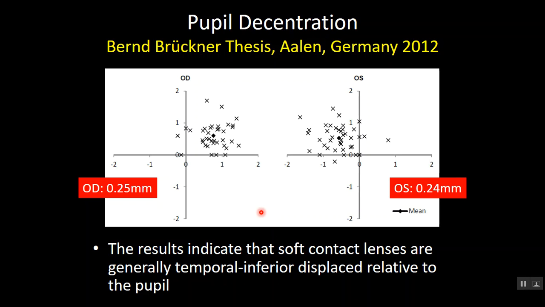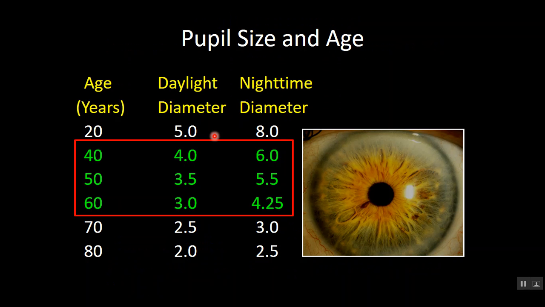Now another study by Bruckner looked at pupil decentration and found that the pupils tended to be nasal and slightly superior, similar to the findings at Pacific University, and that was true for both rights and left eyes. So the pupil slightly nasal, slightly superior.